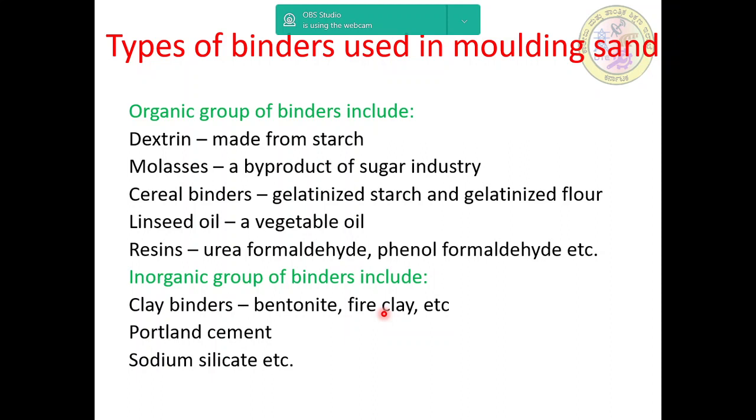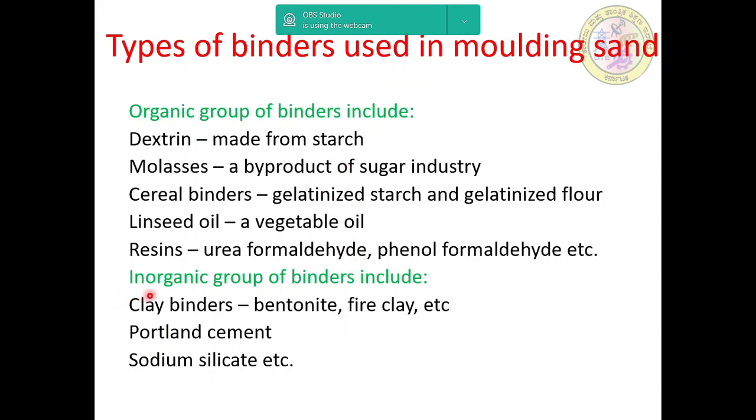In organic binders, for example, dextrine is made from starch, molasses is a byproduct of the sugar industry, cereal binders are gelatinized starch and gelatinized flour, and linseed oil is a vegetable oil. Then there are resins like urea formaldehyde, phenyl formaldehyde, etc. These organic binders bind the sand particles together and give strength to the molding sand.